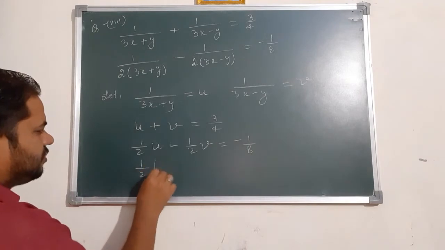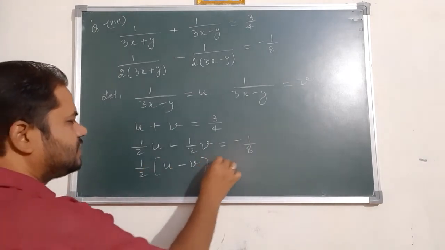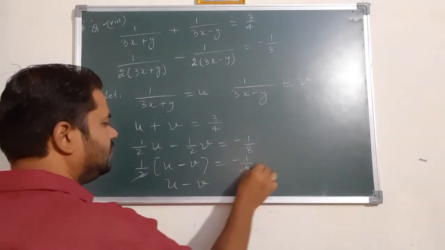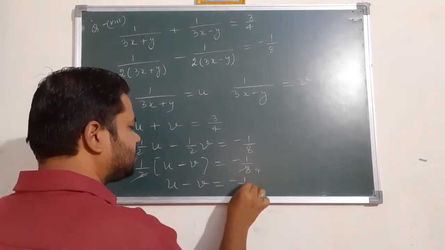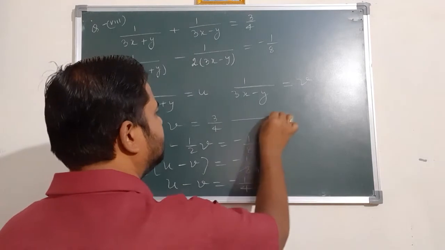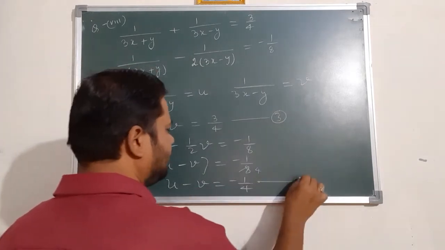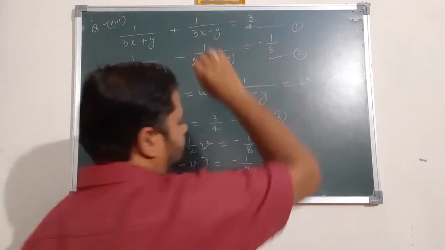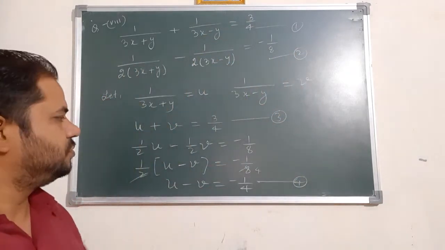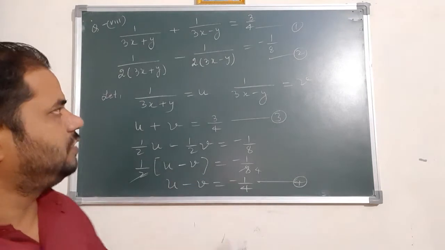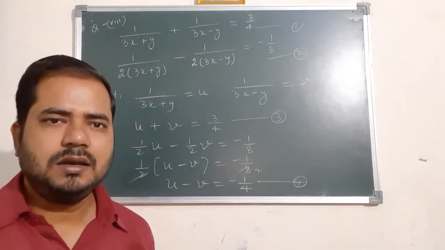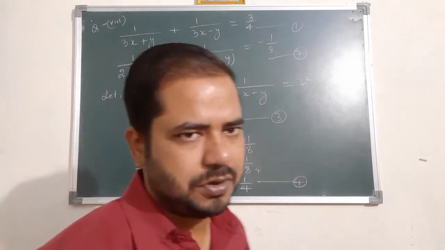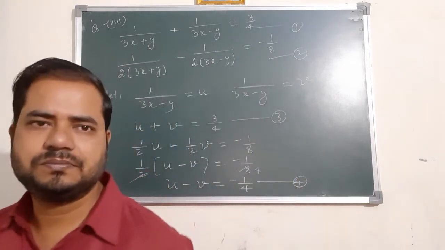If 1 by 2 is common, then u minus v is minus 1 upon 4. This is equation number 3, this is equation number 4, and this is 1 and this is 2. Please note it down, and then after we solve for u and v, and then replace the values of u and v, and we will get the solution.